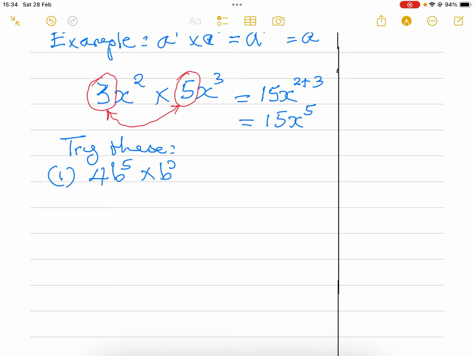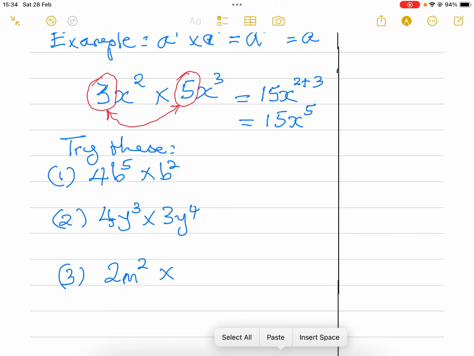Number 1. 4b raised to power 5 multiplied by b raised to power 2. Number 2. 4y raised to power 3 multiply 3y raised to power 4.